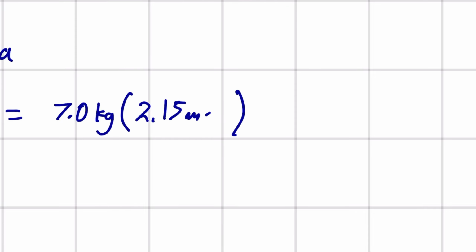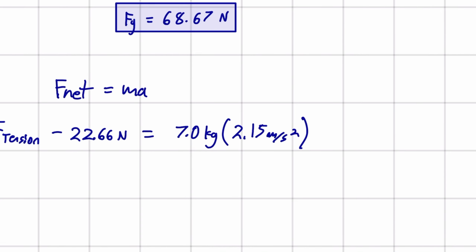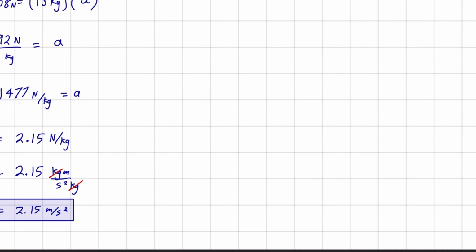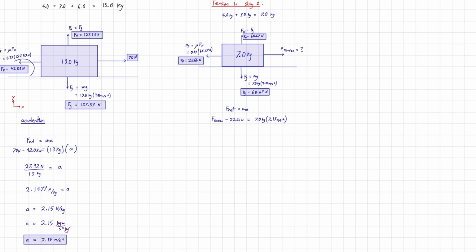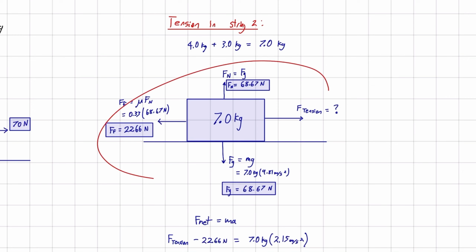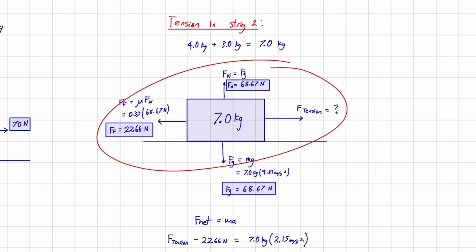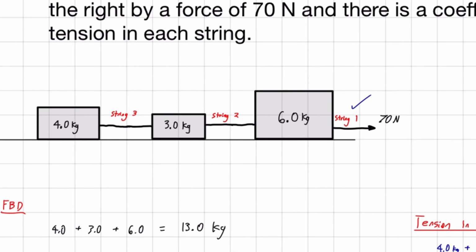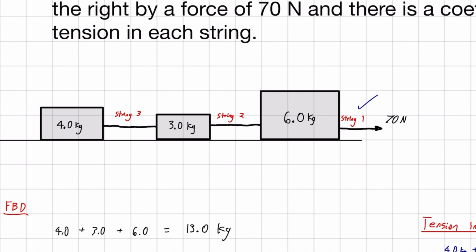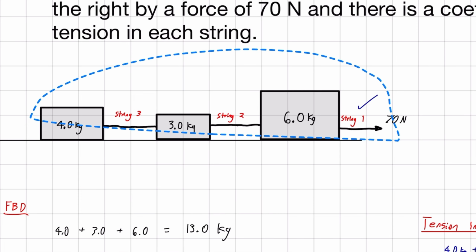2.15 meters per second squared. And the reason I can use this acceleration here, again, for this unit here, is because when these three boxes are pulled, they all move at the same speed with the same acceleration.